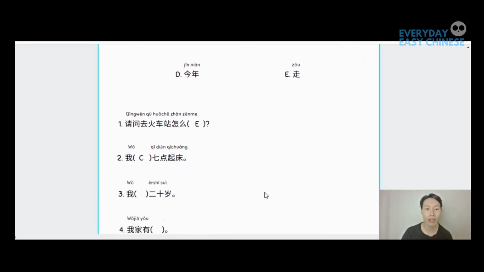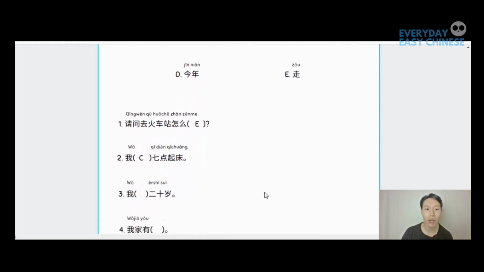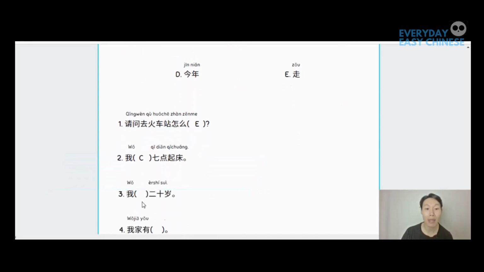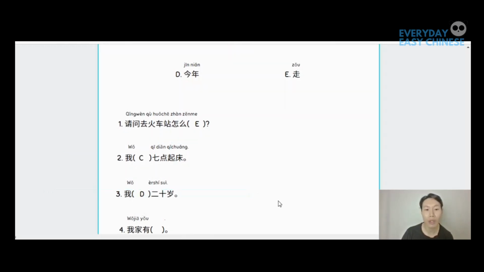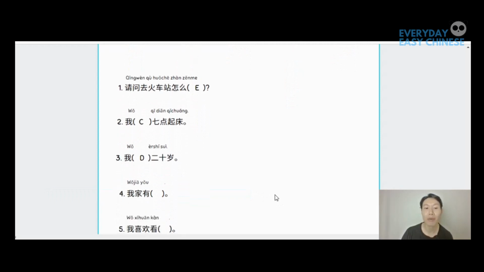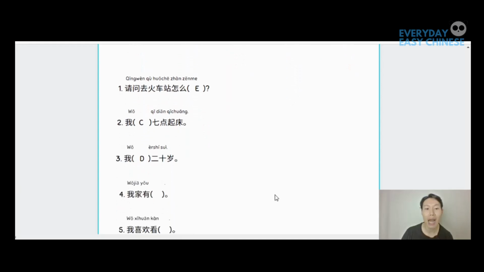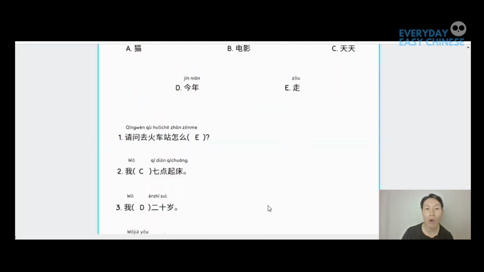Number 3. 我20岁. 我20岁 means I am D. 今年20岁. I am 20 this year. Number 4. 我家有. 我家有 means in my house we have or I have 猫.